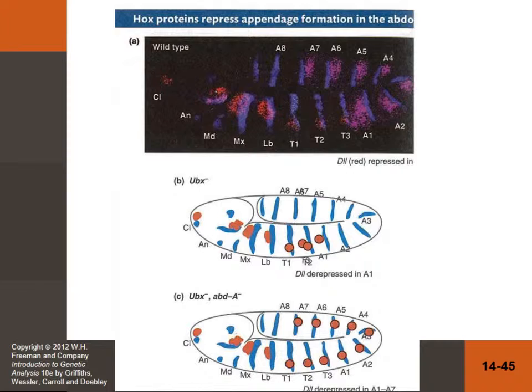In pink, the Ultrabithorax gene expression marks the position of the abdominal segments, A1 through to A7. While the gene called engrailed, indicated in blue, marks the posterior of each segment. So Distal-less is repressed in A1 through to A8.